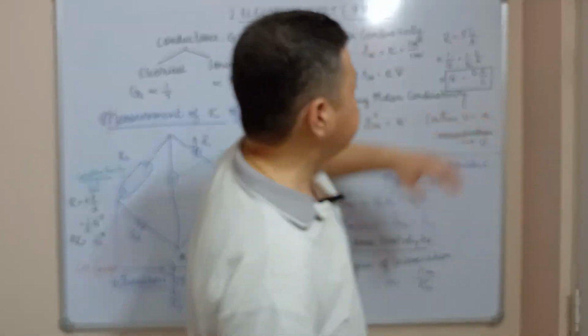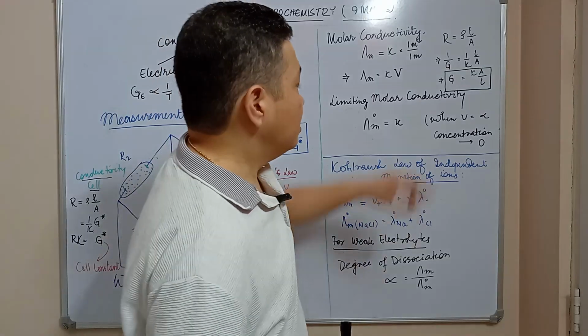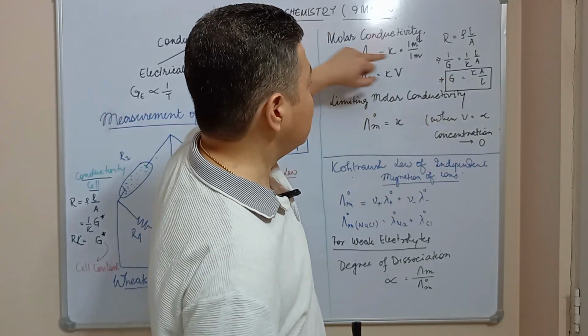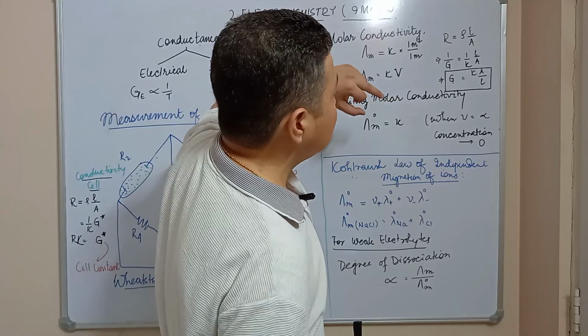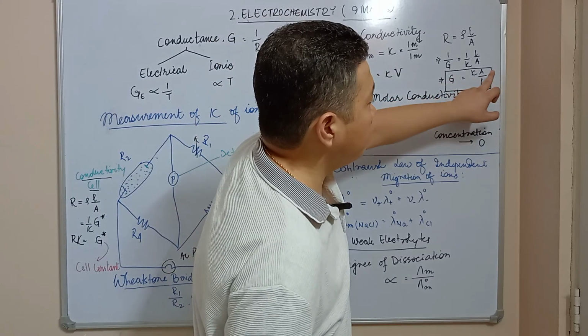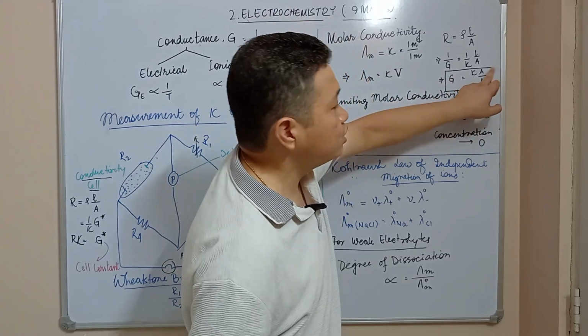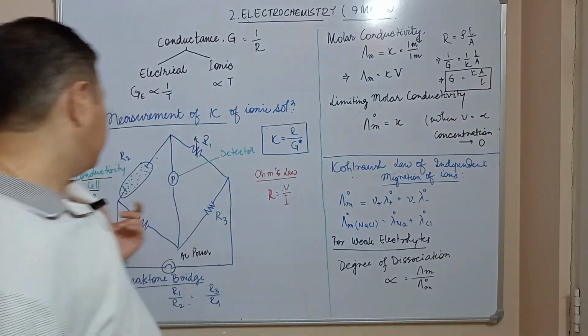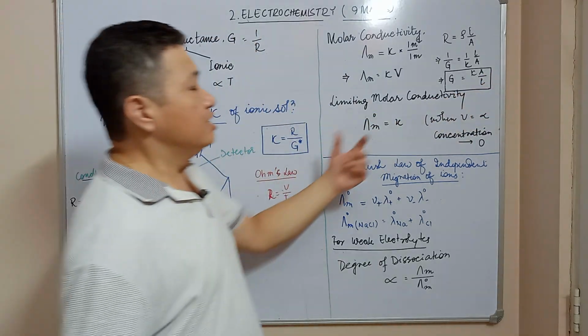Now keeping this in mind, this G, the conductance, will be written as molar conductivity if the area of cross section is unit and the length is unit length.